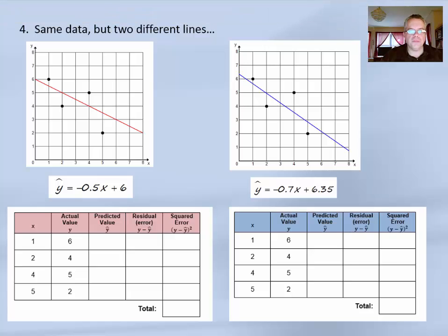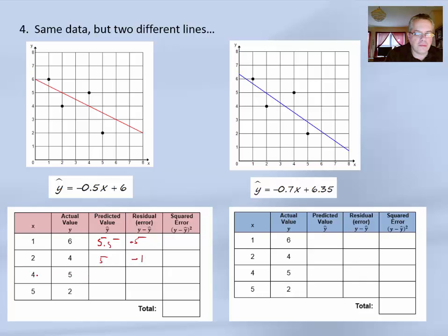All right, here we go. So I'm going to kind of go through this quickly. When we put in 1 into the equation, the actual value is 6, predicted value is 5.5. If we subtract them, we get 0.5. Okay, when we put in 2, the actual value is 5, and the residual is -1, because 4 minus 5 is -1.